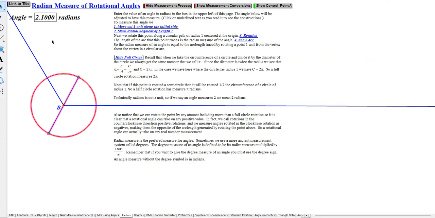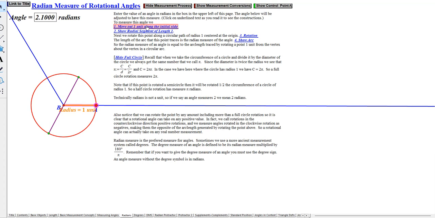So let's look at this here. If we've got an angle of 2.1 radians, for example, we can think of this as taking a radius of a length 1 circle, and basically sort of taking this ray here and flicking it, and letting the whole ray rotate around.